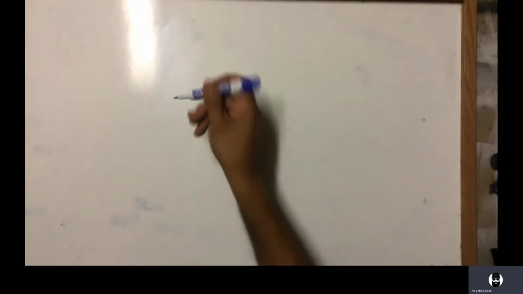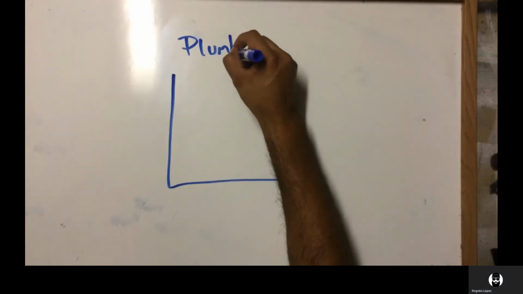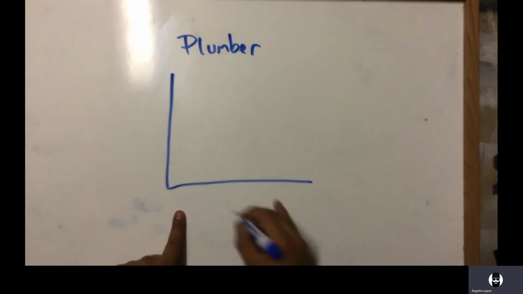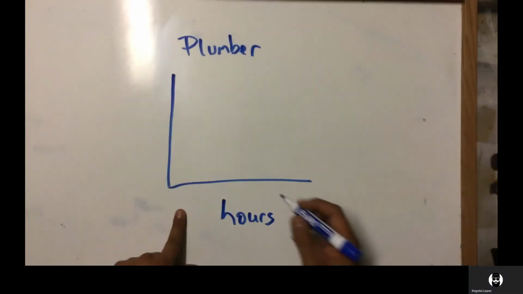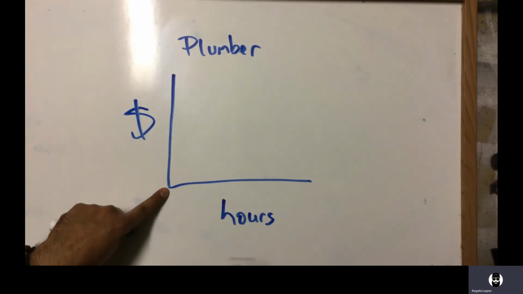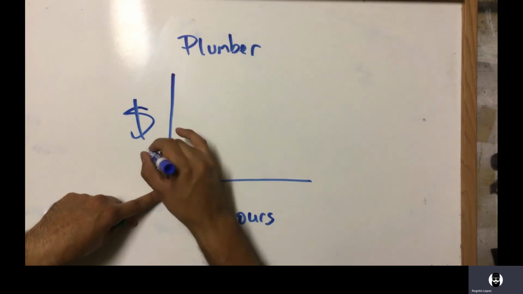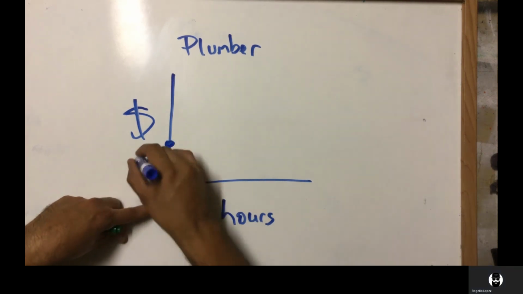Whereas if I had, let me give another example, like a plumber. For his hours worked and his pay, he doesn't start at 0, because the second you call the plumber and he's already driving to your house, you already owe him money. So let's say he starts here at 80 bucks.